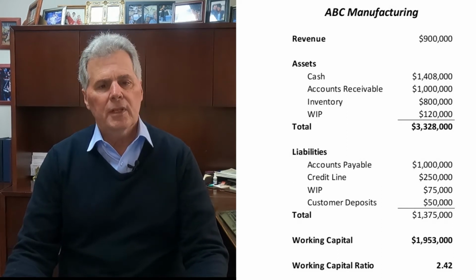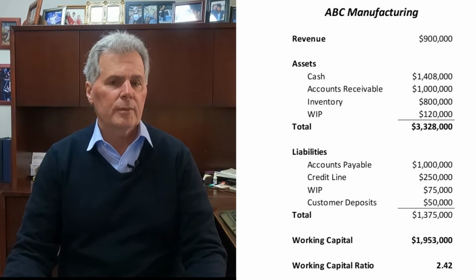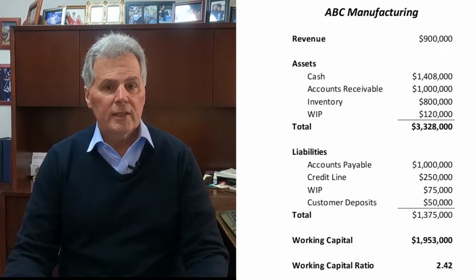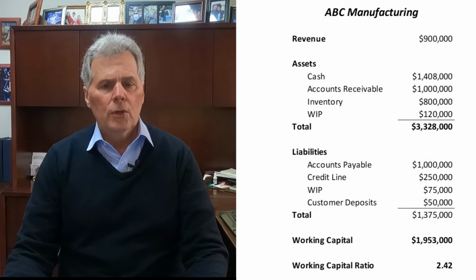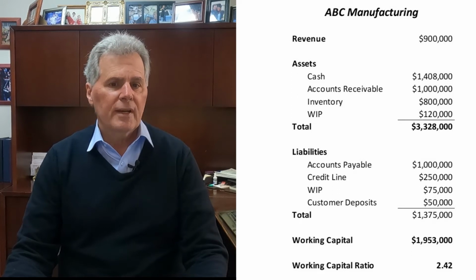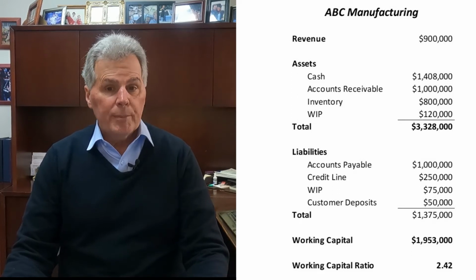From that, you'll take your liabilities of accounts payable of $1 million, credit line $250,000, WIP $75,000, and customer deposits of $50,000, or $1,375,000.